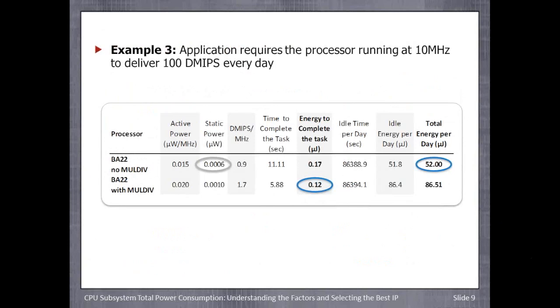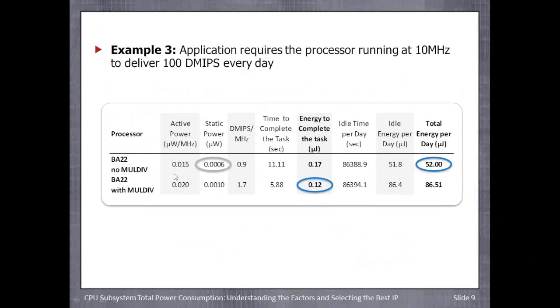In this case, we consider an application that requires the processor to run at 10 megahertz and deliver 100 DMIPS every day. So in our example, we consider a small processor and a fast processor. Our small processor is the BA22 without the multiply and divide unit, and the fast processor is the BA22 with the multiplier and divider unit.